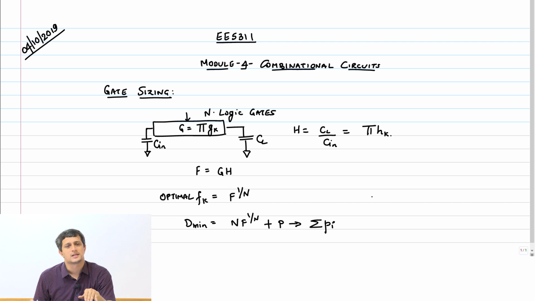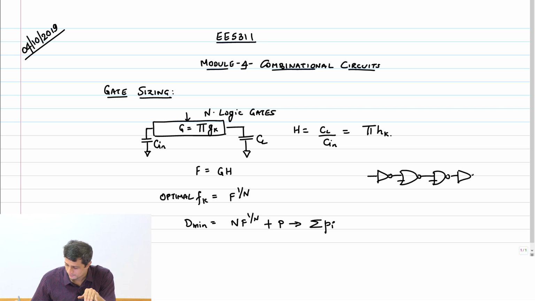So we did some examples, and in one particular example, we basically took an inverter, a NOR, and then a NAND, both 2 input, and a final inverter, and then we made it drive a very large load capacitance, assuming that this is a 1x capacitance.